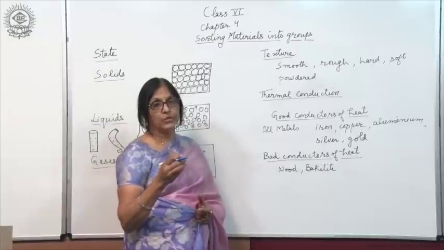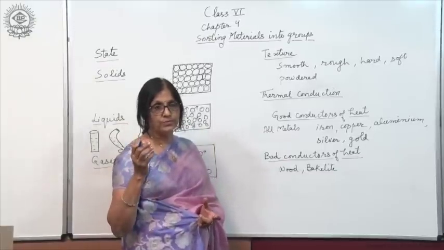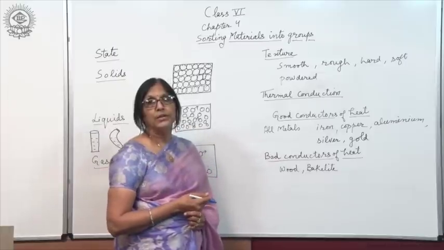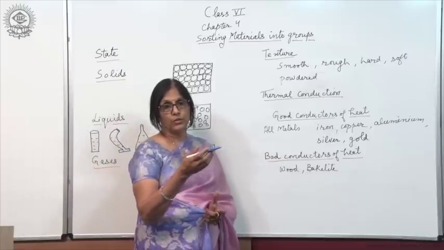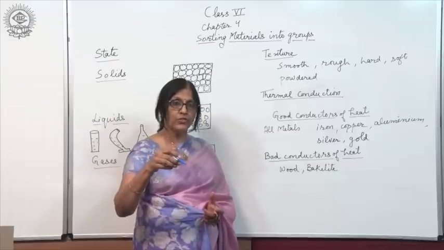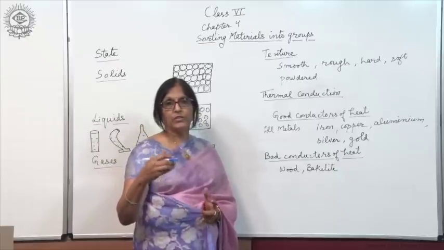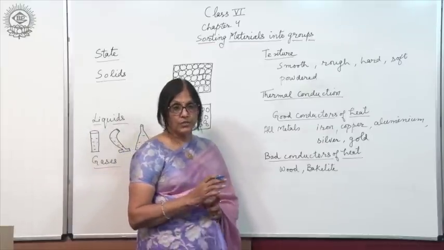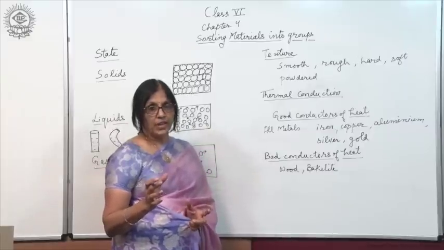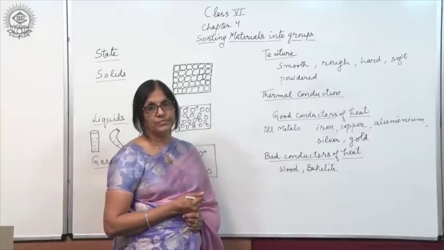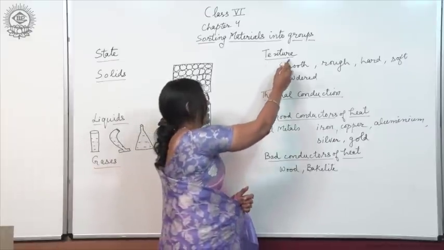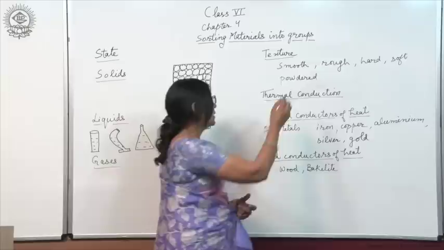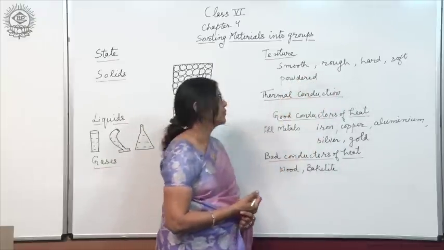If you touch wood, water, your carpet made of coir, your silk cloth, cotton cloth, or chalk, and then grind it into powdered form and touch it, it has a powdery touch. You can differentiate between the way each feels. So on the basis of texture, materials can be classified into various groups like smooth, rough, hard, soft, powdered.